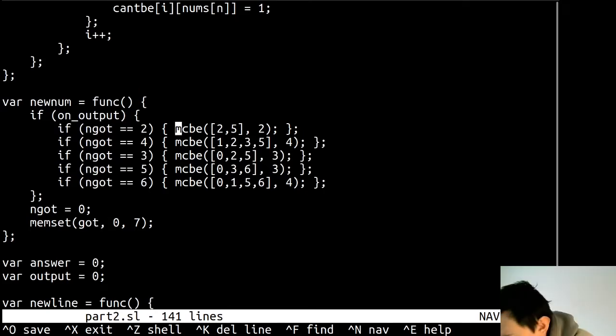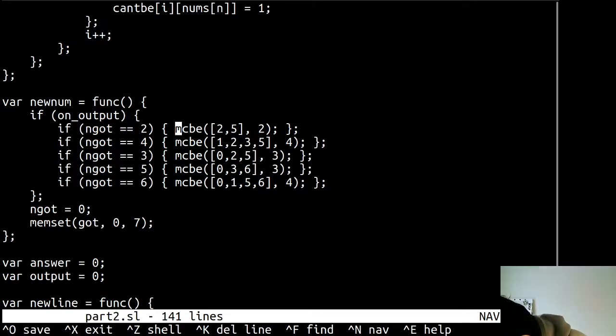So if n got is 2, then we've got a 1, which is C and F, which is number 2 and 5. Okay, if n got is 4, then we've got a 4, which is B, C, D and F, which is 1, 2, 3 and 5. If n got is 3, then we've got a 7, which uses A, C and F, which is 0, 2 and 5.